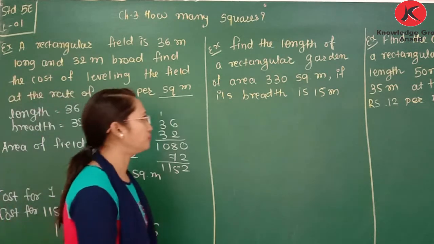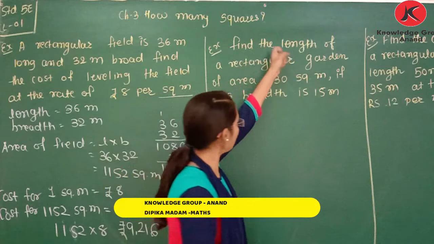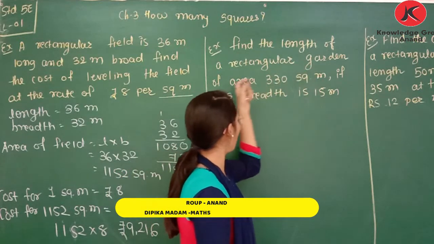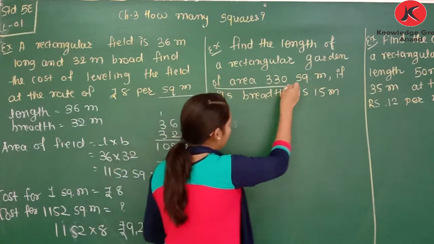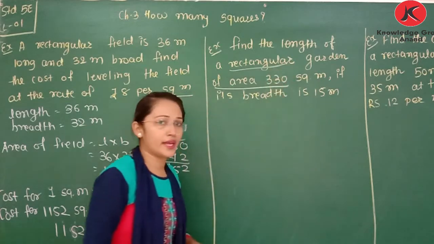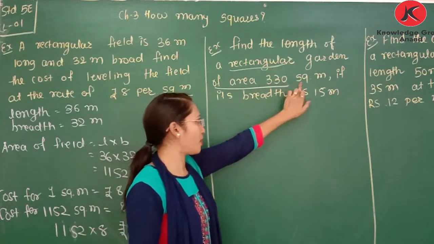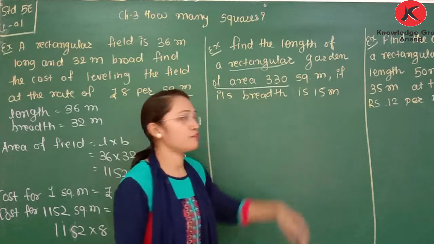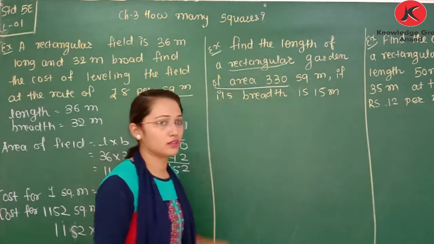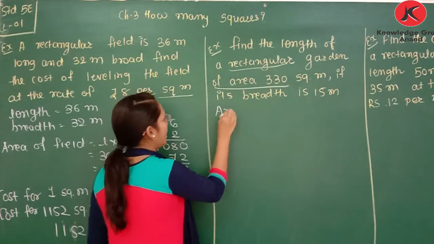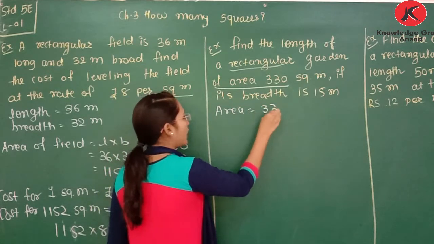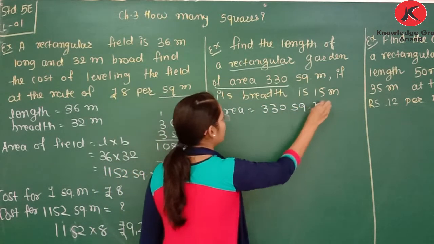Now next one, find the length of a rectangular garden of area 330 square meter, if the breadth is 15 meter. Garden is a rectangle. Area is given, 330 square meter.